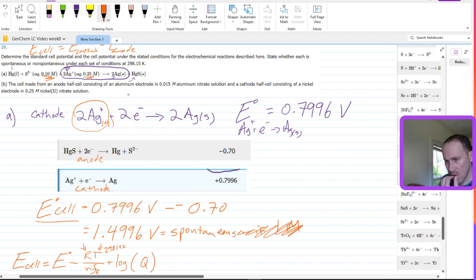The silver's definitely getting, oh wait, are they both getting? Hang on, this is super confusing me. It looks like the way this is written, they're both getting reduced. But how could that be? I think this is part of the problem. Now that I think about it, no, because this is the liquid right there.